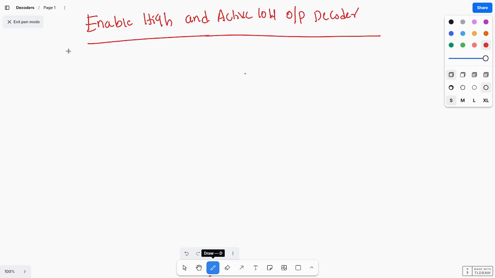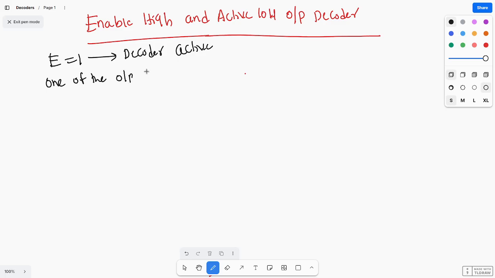When enable equals 1, the decoder is active, and for the output, one of the outputs will be 0 for each input combination. That's why it is an active low output decoder.